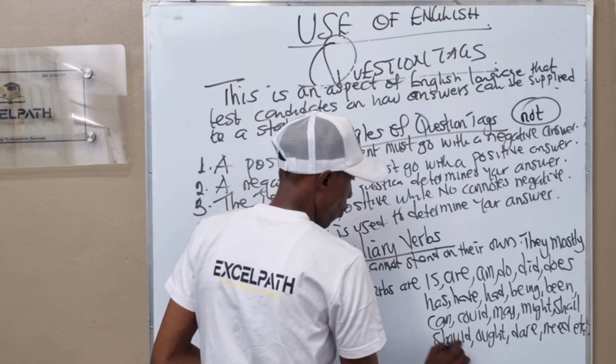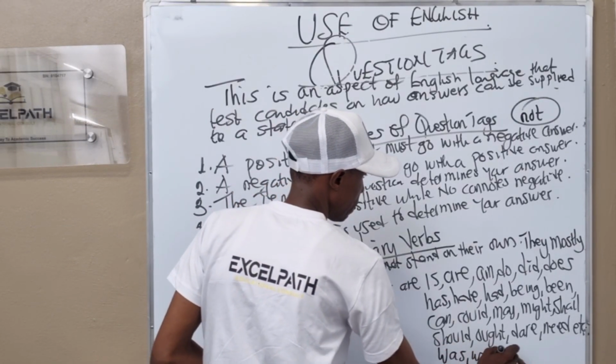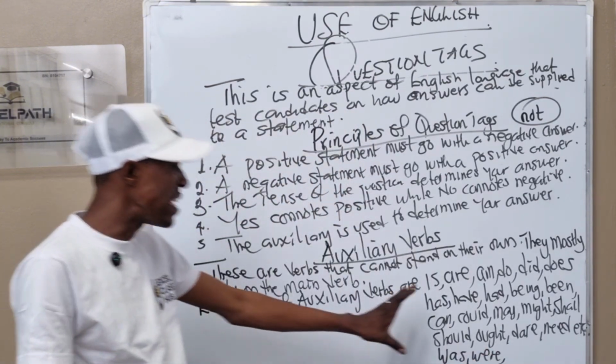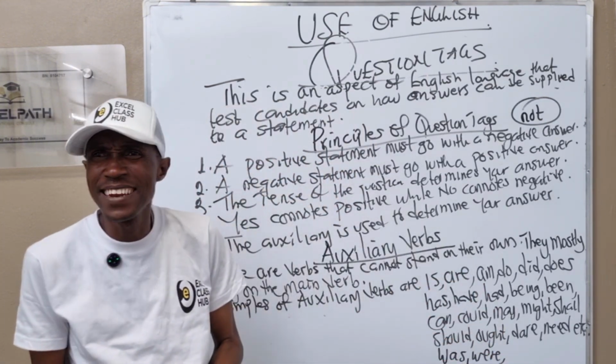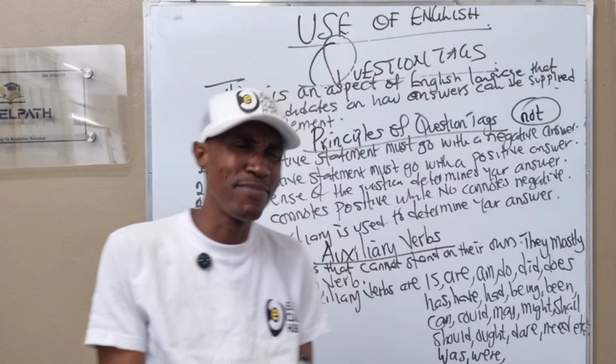You can still have your was and your were. All these are classified as auxiliary verbs.